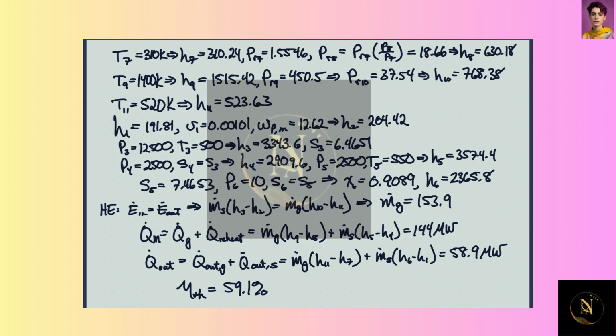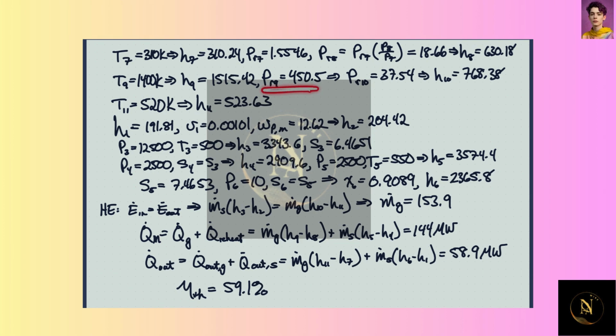From that, we can look in the table and use interpolation to figure out what the enthalpy at 8 is. We could also figure out the temperature at 8, which I didn't do, but again, you could figure that out too from the chart. Now at 9, we have 1400 Kelvin, so we can get the enthalpy there.